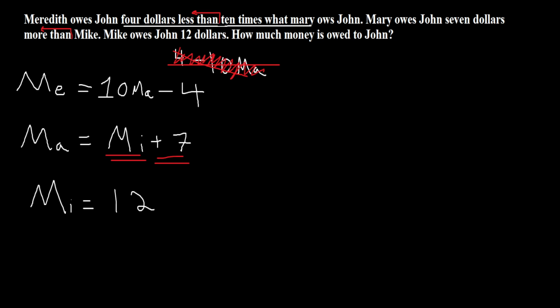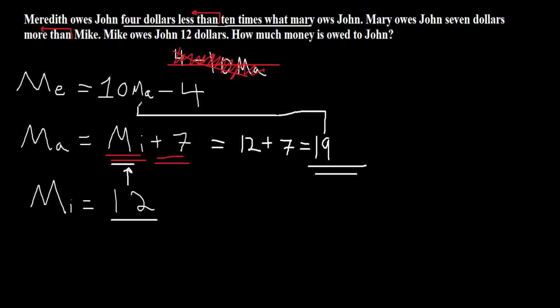But anyway, with that in mind, now we've got our equations. We can start plugging stuff in. So we know that Mike owes 12. So we have 12 plus 7. That is $19. So Mike owed 12 and Mary owes 19.